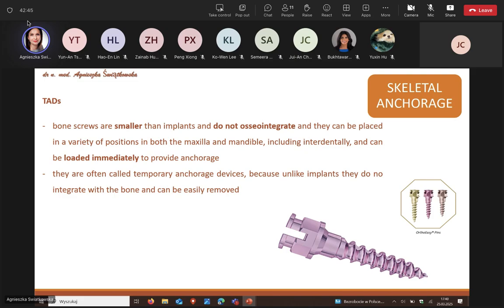So in fact, we should add some kind of force to this micro screw very fast after insertion. Why? Because if we wait too long, we observe that the surrounding mucosa will cover the whole implant, and then we have a problem because we should ask the surgeon to find the screw for us.